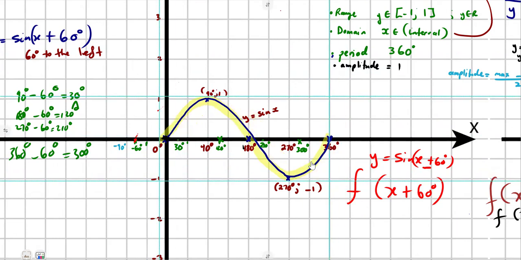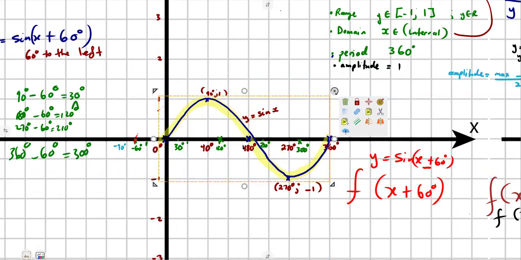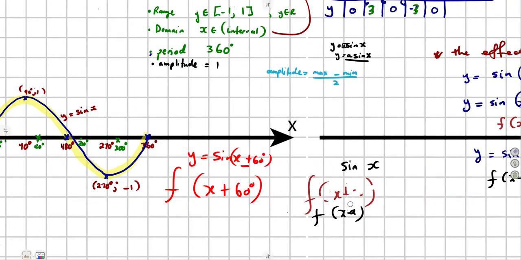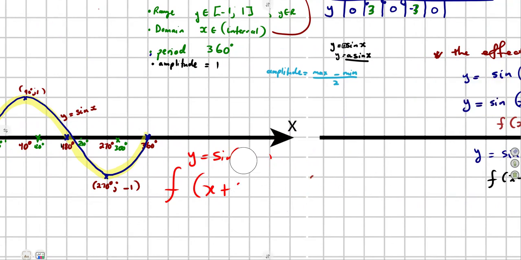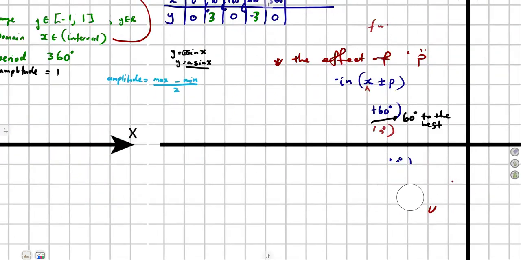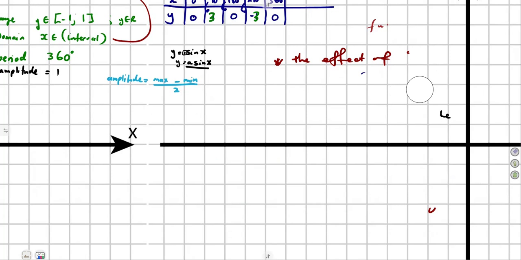So when we now have an effect which affects the sine of x directly, let me just write it here. The effect of b.